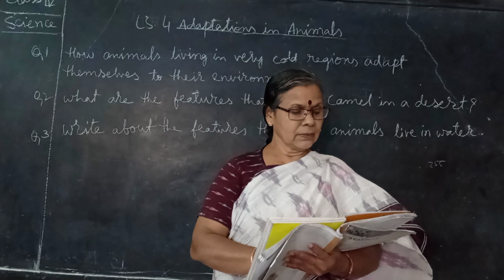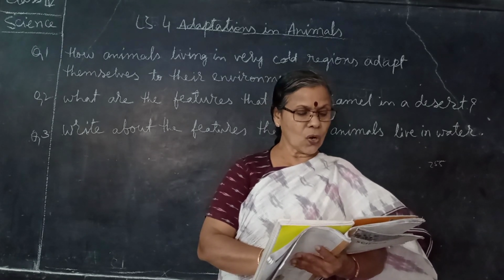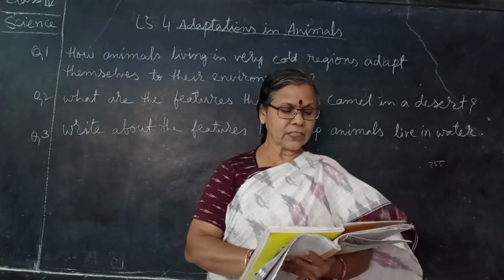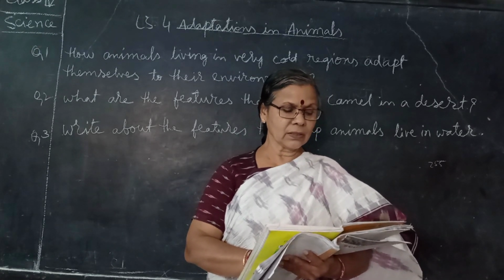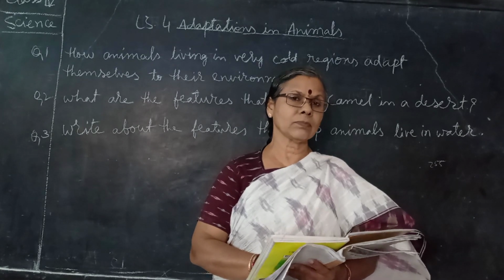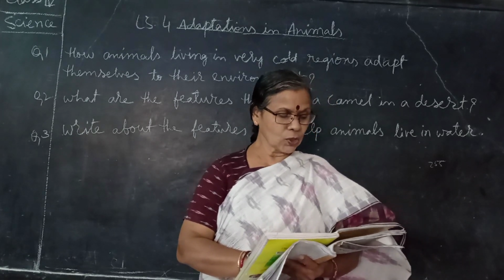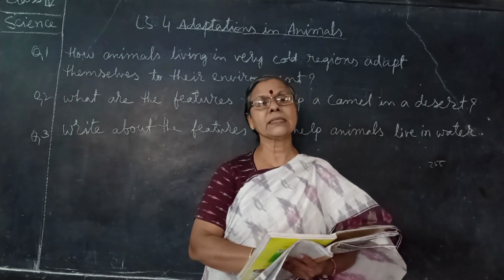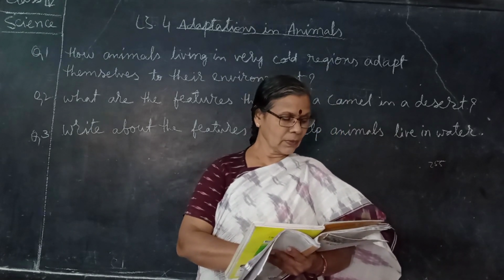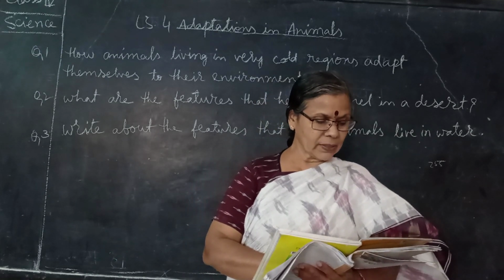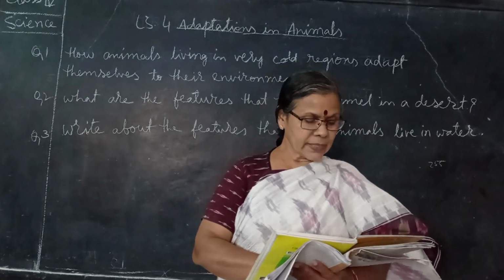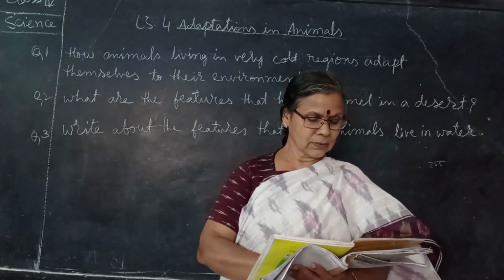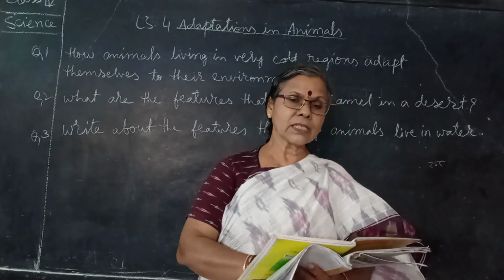A camel has long thick eyelashes that protect it from sand during a sandstorm. Fourth point, it can close its nose during a sandstorm. It has little hair on its body. This prevents loss of water from its body.